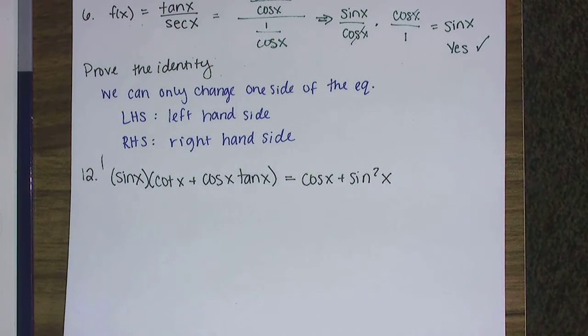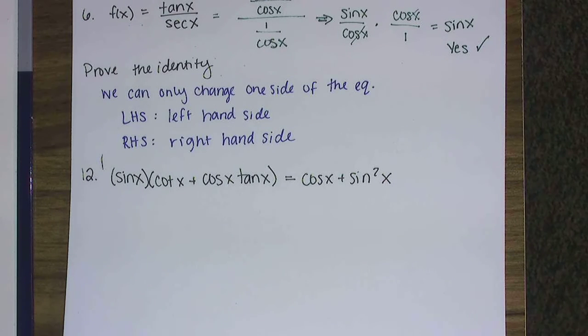So let's look at it and think about some of the possibilities that we would have here with this problem and what we could do. So I'm going to leave the right-hand side alone, okay? I'm going to deal with the left-hand side.